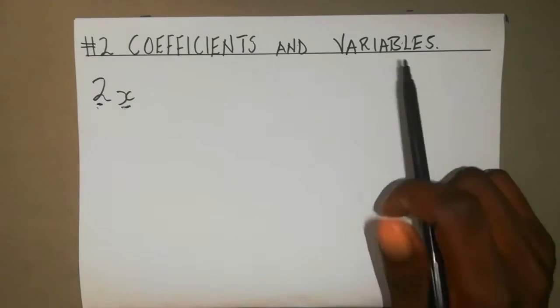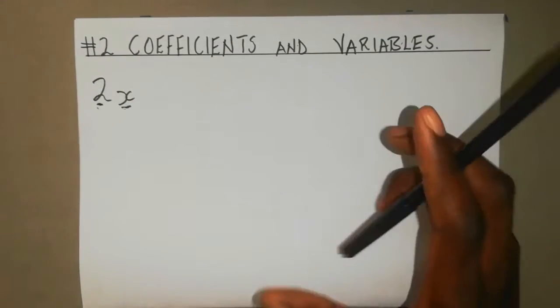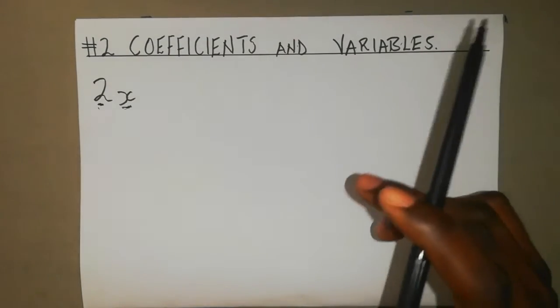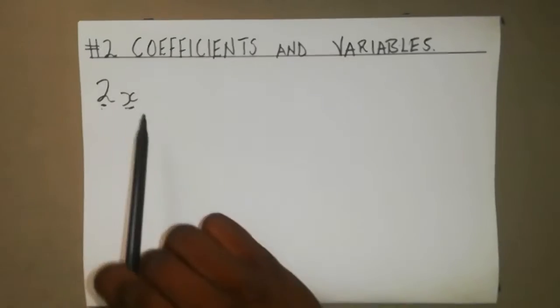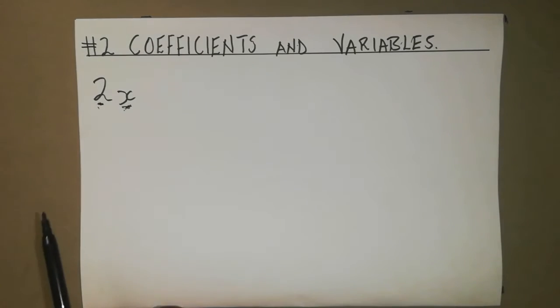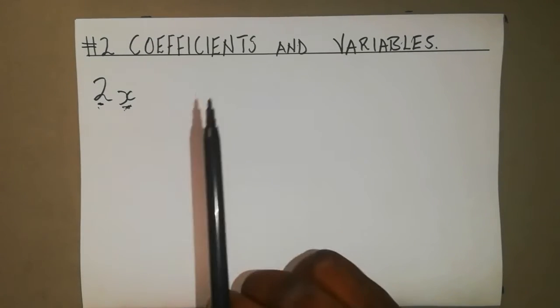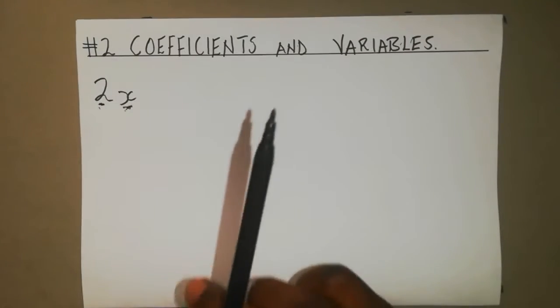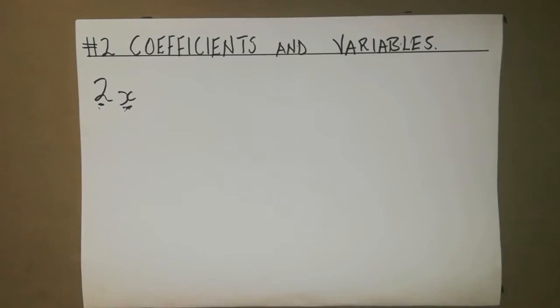What do I mean if I talk of a variable? Later on, as you will be doing equations, different types of equations, you will be asked to determine the values of these variables. That's why we call them variables, because they don't have a specific value. They have different values.